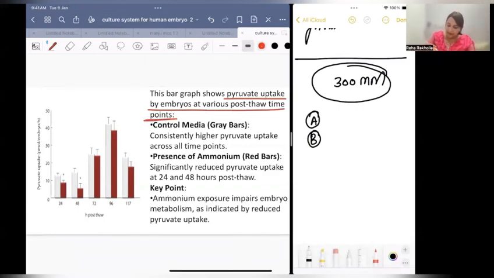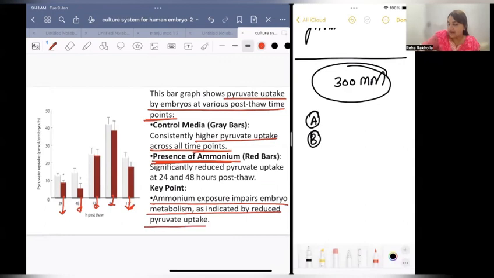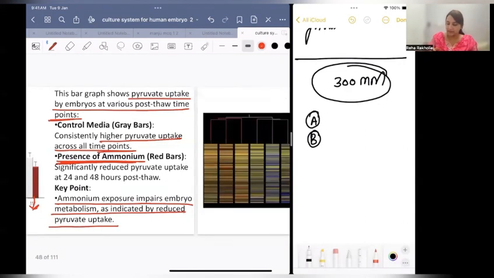The red bars show the presence of ammonia. Pyruvate uptake is low in the presence of ammonia, and higher if there is no accumulation of ammonia. So ammonium exposure impairs embryo metabolism as indicated by reduced pyruvate uptake.